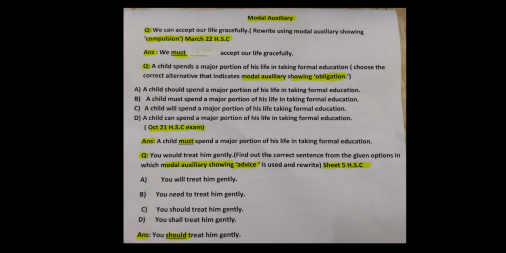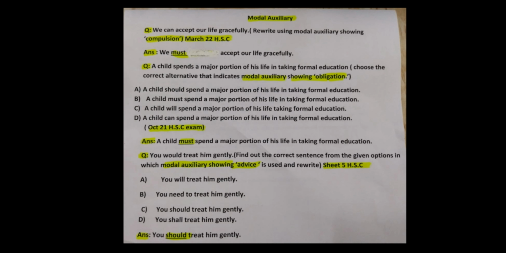Now friends, we are going to see what types of questions can be asked on modal auxiliary in H.S.C. exam. Question number 1. We can accept our life gracefully. Rewrite using modal auxiliary showing compulsion. This was asked in March 22 H.S.C. exam.